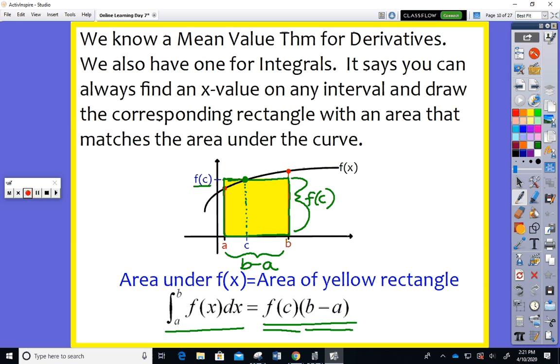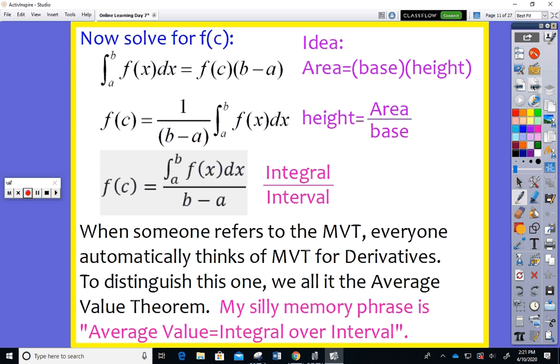If you pick your f of c too low, then the area of the yellow rectangle will be smaller than the actual area, and if you pick f of c too high, the area of the yellow rectangle would be more than the actual area under the curve of f of x.